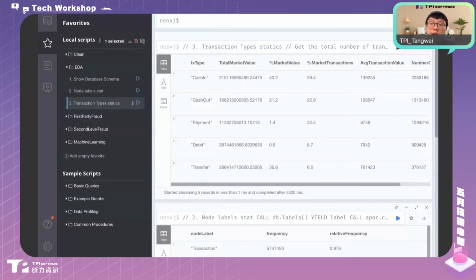But interestingly, transfer transactions make up over 1/3 of the total market activity in terms of the amounts of money involved, even though they are hardly 6% of the total transaction volumes. So in fact, the average transfer involves 6.25 times the average cash-in transaction.